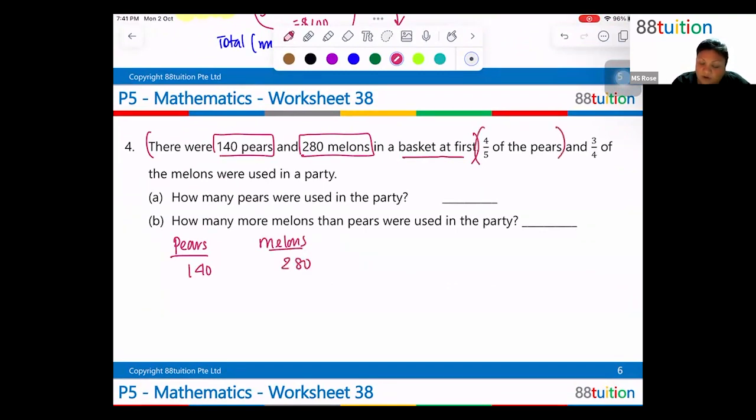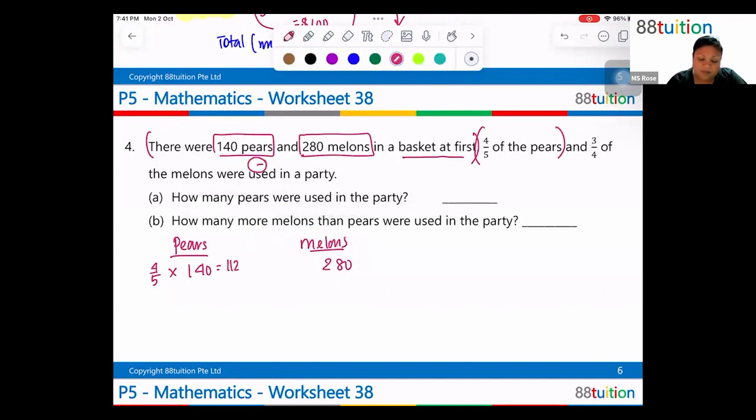Now, it says here, 4 out of 5 of the pears were used. So how many pears were used? 4 out of 5 will be 112.